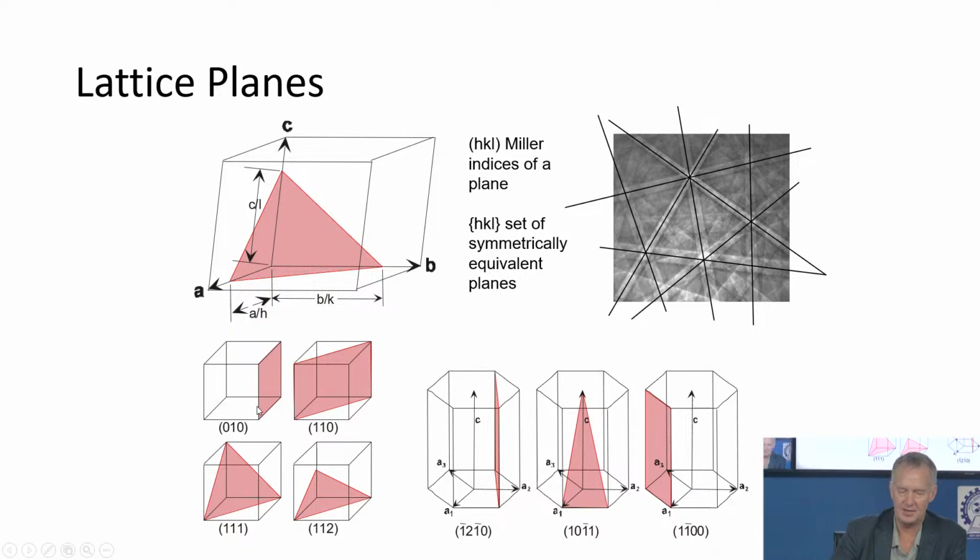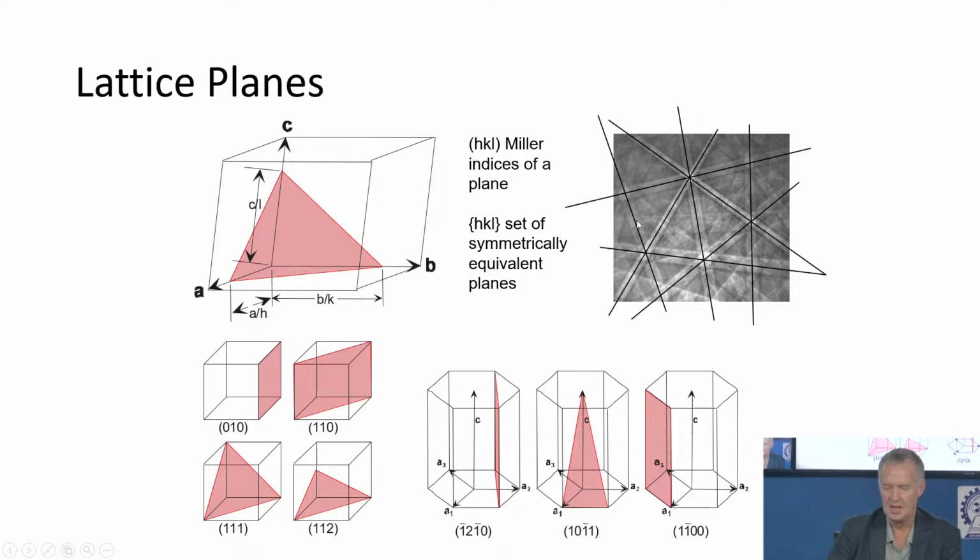If we have a plane like the (010) plane, we have an intercept along the y-axis and nothing along x or z, right? So that's an infinite intercept, and we take the reciprocal, it becomes 0, right?